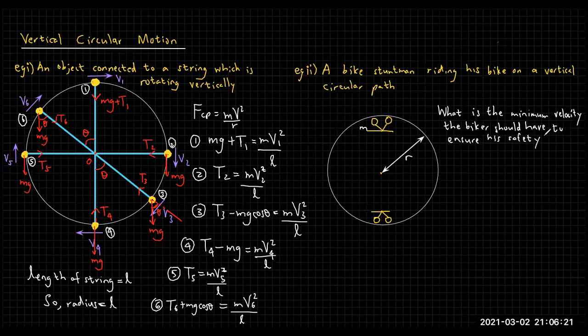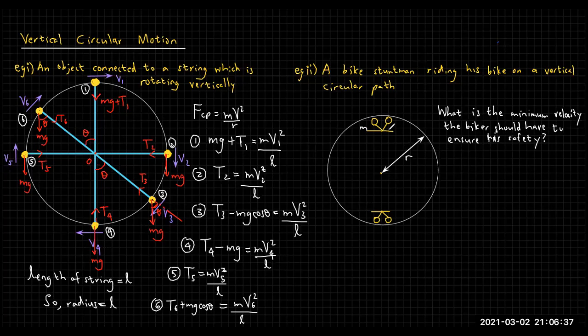That was the question given. So the answer can have R, G, M, all those things in it. Sometimes M might not even come.